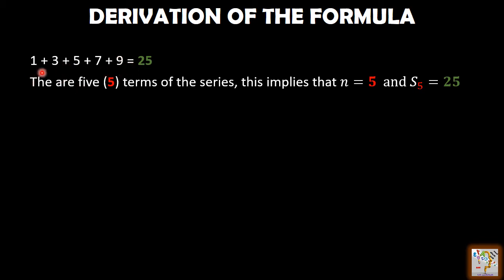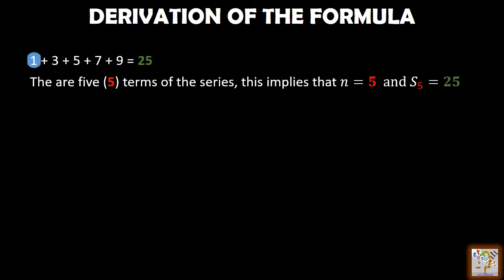If we say 1 plus 3, it will be 4. 4 plus 5 is 9. 9 plus 7 is 16. 16 plus 9 is equal to 25. So when we sum the terms, they give us 25. When you say S5, you are saying the sum of 5 terms of the arithmetic series is equal to 25.